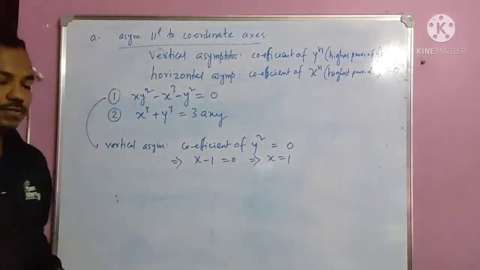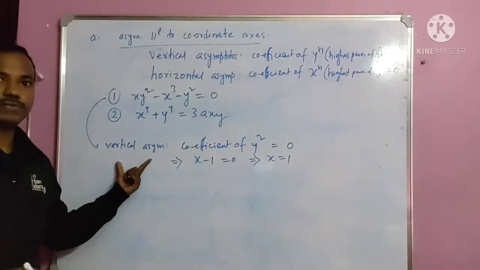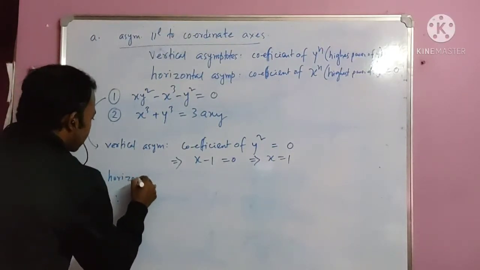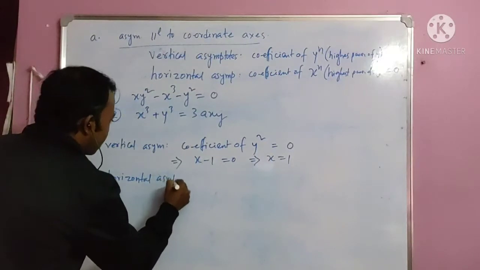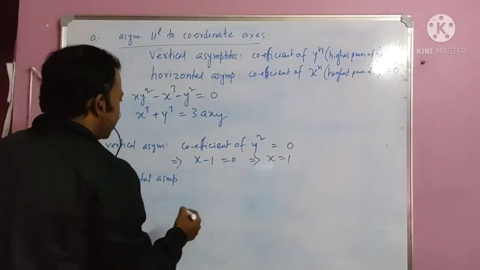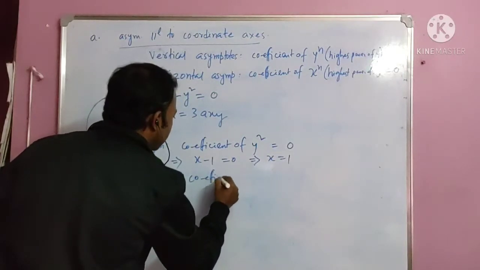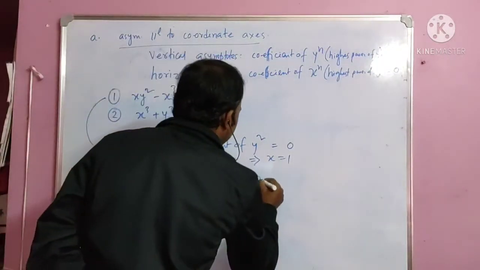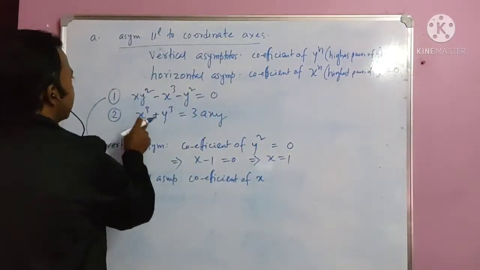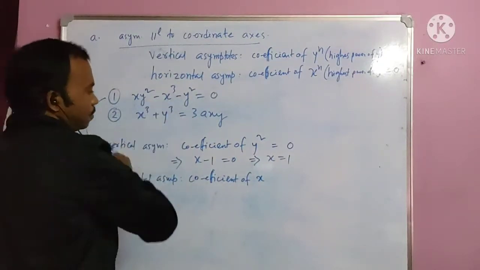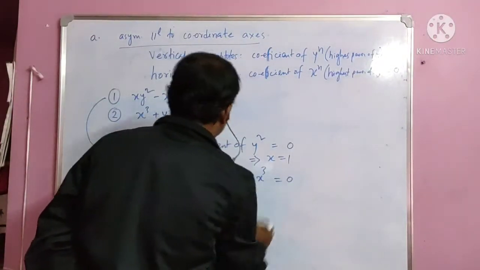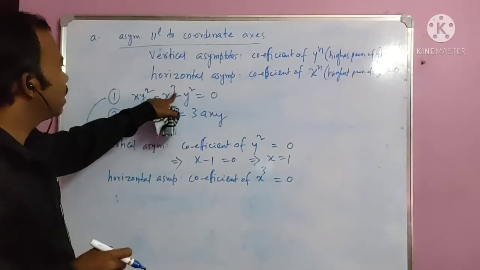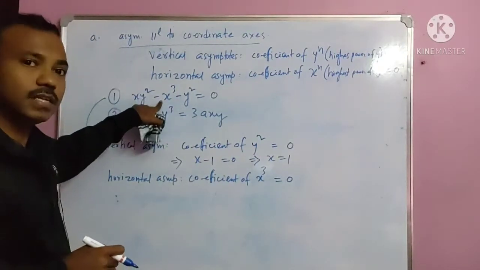Okay, we don't need to write these portions because we have already written here that it is a vertical asymptote. Next, for the horizontal asymptotes. Coefficient of x, highest power of x. What is the highest power of x here? See, the highest power of x is x cubed. So coefficient of x cubed equals 0. Now x cube has a constant coefficient.